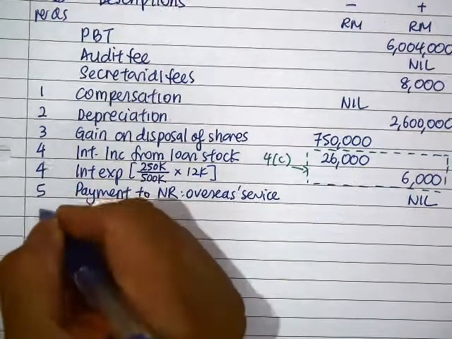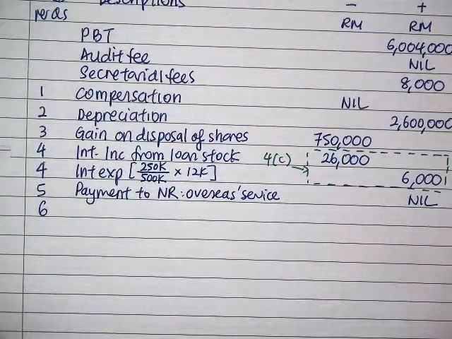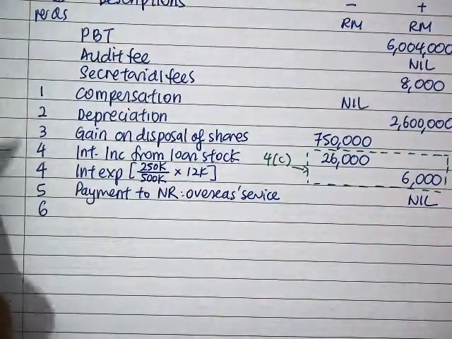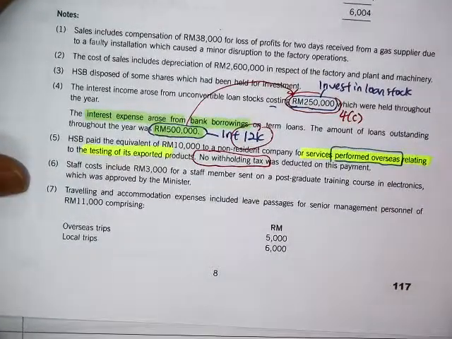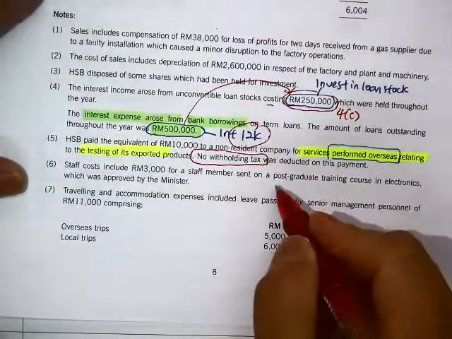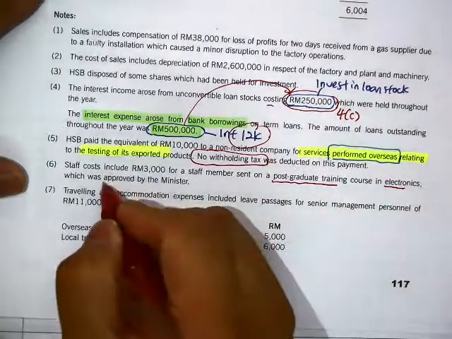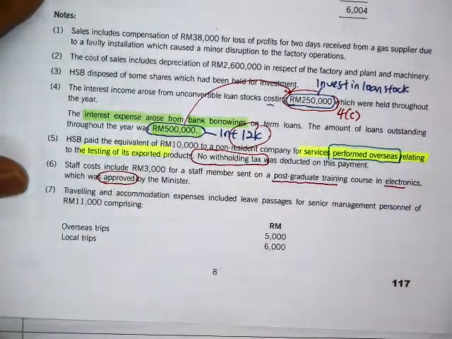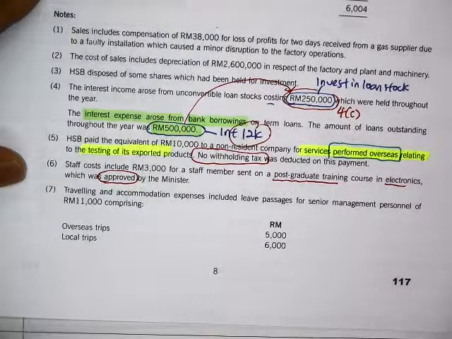Right, note 6. The staff costs include 3,000 ringgit for a member sent on a postgraduate training in electronic. Now, training for postgraduate electronic, and is approved by the minister. See, I've told you all before, there's quite a lot of double deduction for approved training.